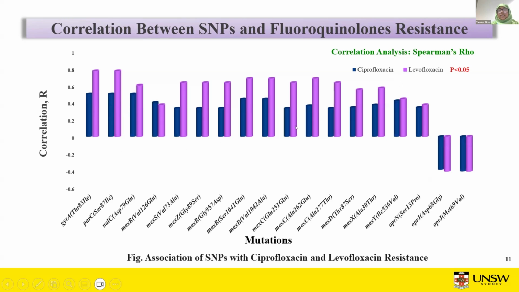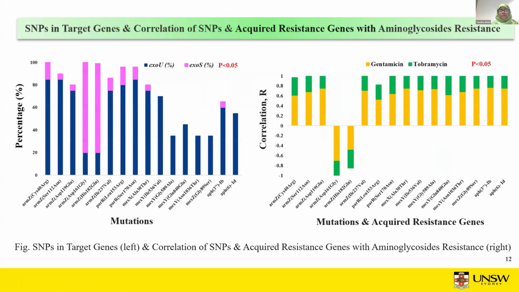In all other cases, the mutations showed moderate to strong correlation with both of these antibiotic resistances. Except for these mutations, which are more common in the ExoS group, they showed negative correlation, which indicates that they are associated with susceptibility to the antibiotics.